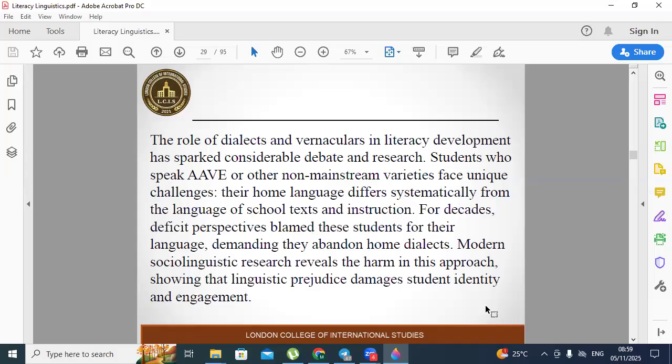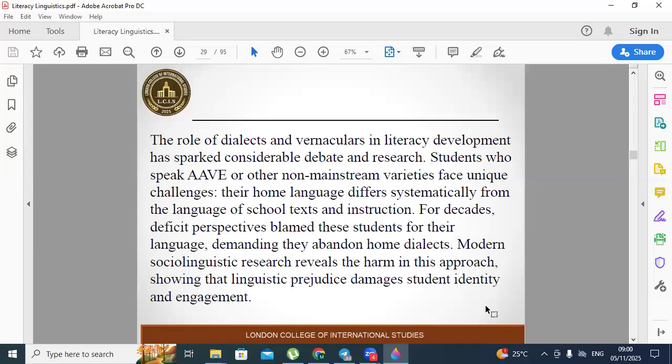Moreover, research shows that demanding students abandon their home dialect doesn't actually improve their learning. In fact, it often impedes learning by creating anxiety, resentment, and cognitive conflict.